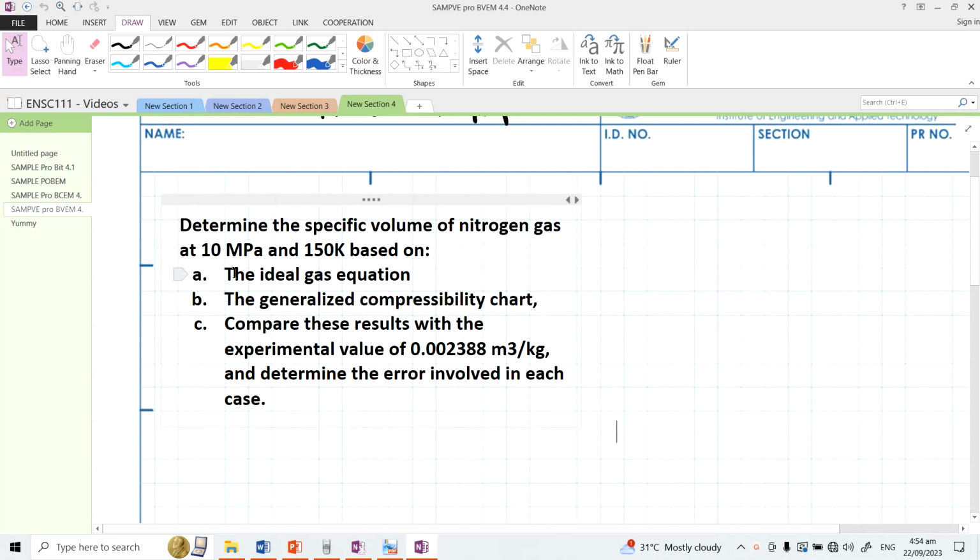So first we'll use the ideal gas equation only, and then letter B is we'll incorporate the compressibility factor and compare the values from letter A and letter B to these experimental values, from the table values that are already given to us.